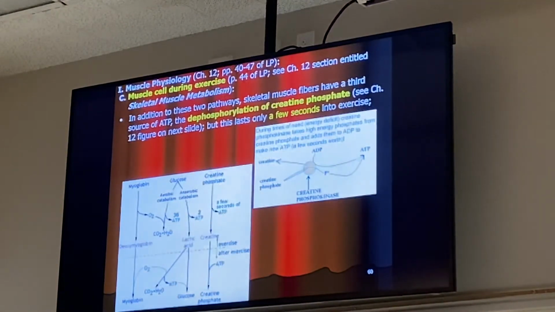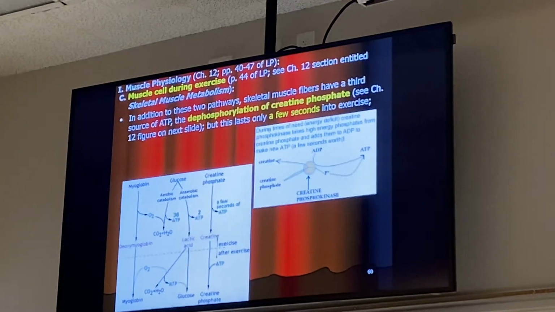Well, because muscle cells have such a high demand, there is a third pathway that other cells don't have, and that's the dephosphorylation of creatine phosphate. As soon as you start contracting muscle, this gets burned first. Basically, creatine phosphate has a high energy phosphate group on it.